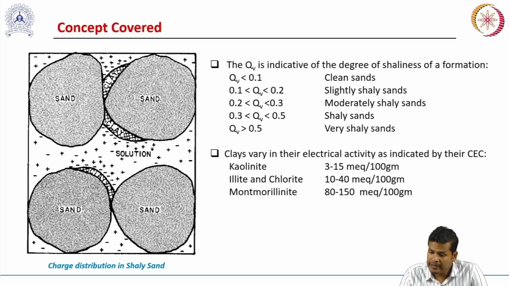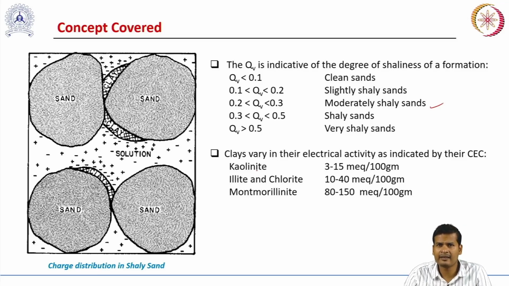So QV is also an indication of the degree of salinity of the formation. For example, QV less than 0.1 can be considered clean sand. If QV is between 0.1 and 0.2, it is slightly shaly sand. 0.2 to 0.3 is moderately shaly sand. 0.3 to 0.5 should be considered shaly sand, and a value greater than 0.5 should be considered very shaly sand.